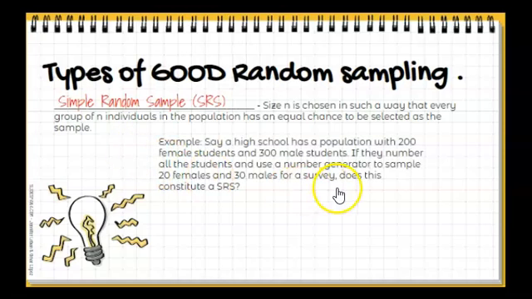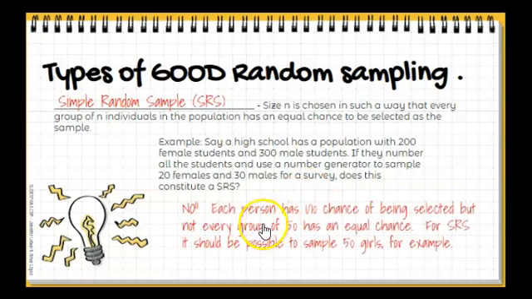So let's look at this example. Say a high school has a population with 200 female students and 300 male students. If they number all the students and use a number generator to sample 20 females and 30 males, does this constitute a simple random sample? Well, does every sample have the same chance of getting 20 females and 30 males?